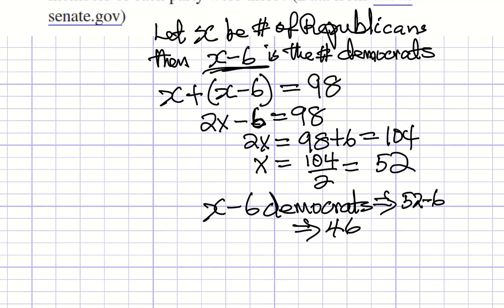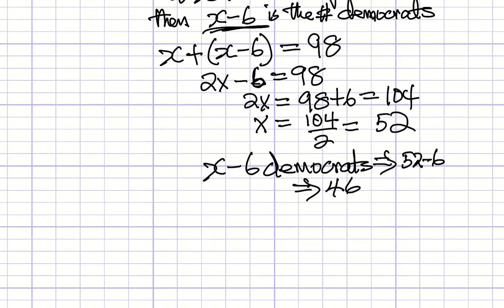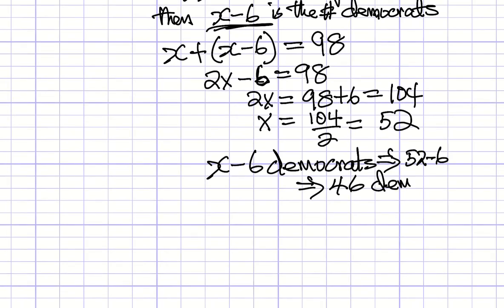Because if you subtract 6 from 50, you get 44, then plus 2, you get 46. Okay, sorry about that. I'm blanking out. So there are 46 Democrats.